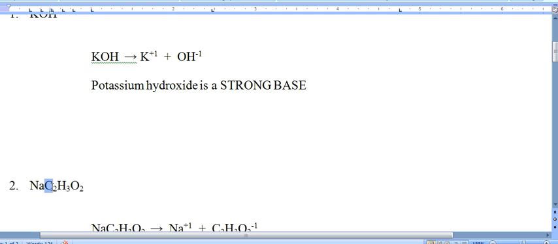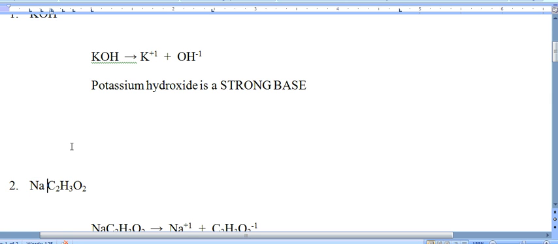In other words, if I take this and just analyze the C2H3O2, the back half of the salt will always be a conjugate of an acid. I didn't say if it was a conjugate of a strong acid or a weak acid. I just said of an acid. And then the front part of the salt will always be a conjugate of a base, whether it's a strong base or a weak base. That's up to you to determine.